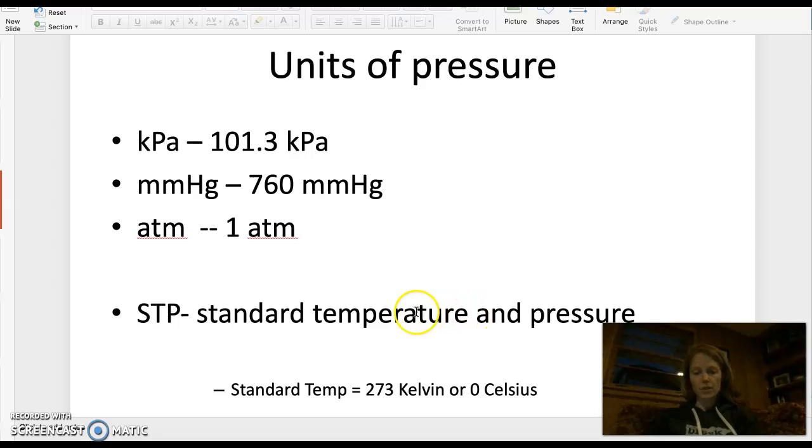And so standard temperature is 273 Kelvin or 0 degrees Celsius, which remember is the same temperature. And then standard pressure is just pressure at sea level. So depending on what unit you're using, it could be 101.3 kilopascals, it could be 760 millimeters of mercury, or it could be 1 atmosphere.